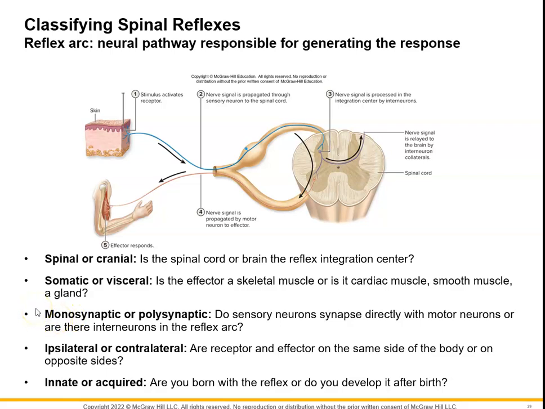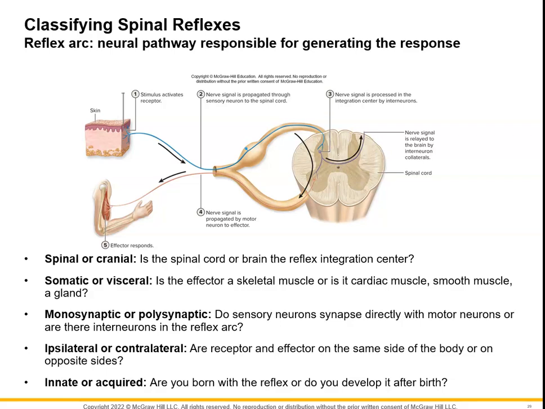Then we want to look at, is it ipsilateral or contralateral? Are the receptor and the effector on the same side of the body or opposite sides of the body? So what that means is if you step on something sharp with your left foot, okay, is the pain, the stimulus, and the effector on the same side of the body?